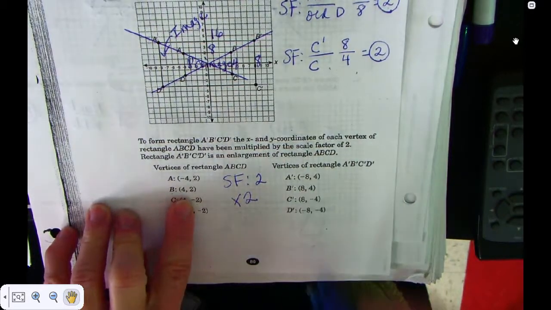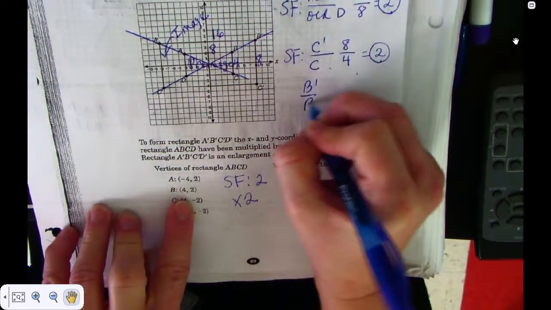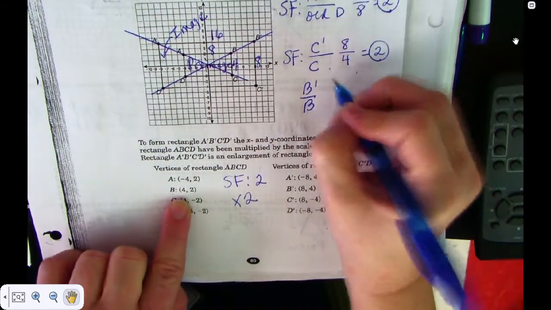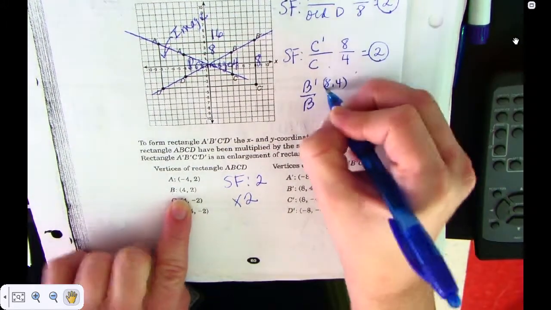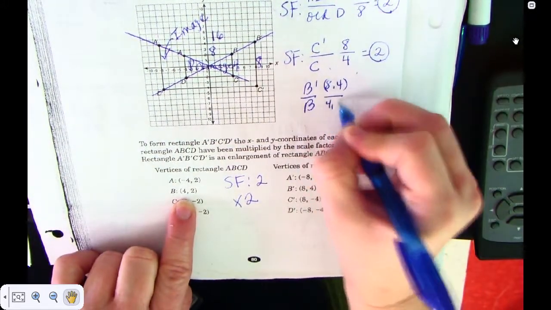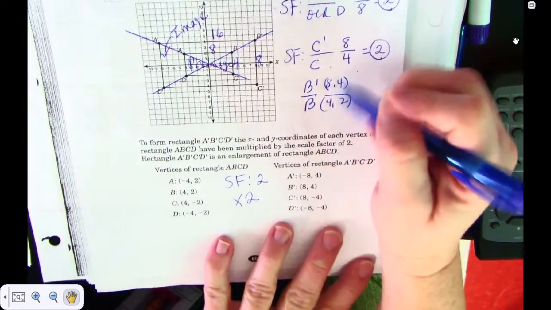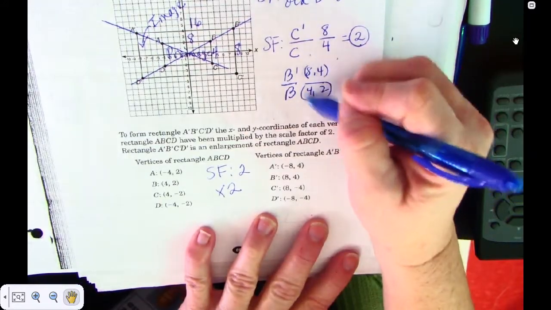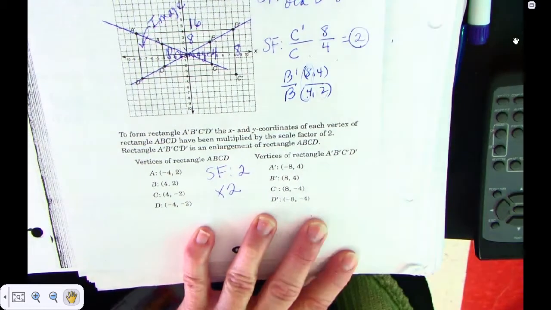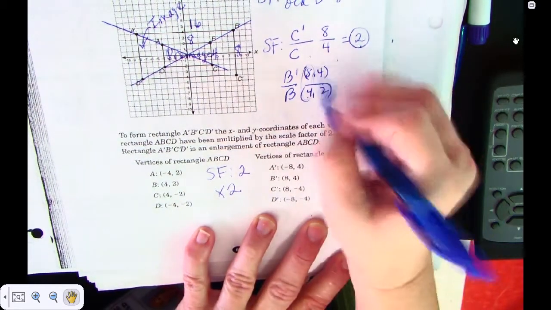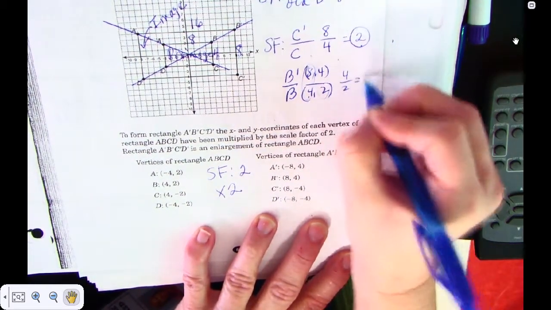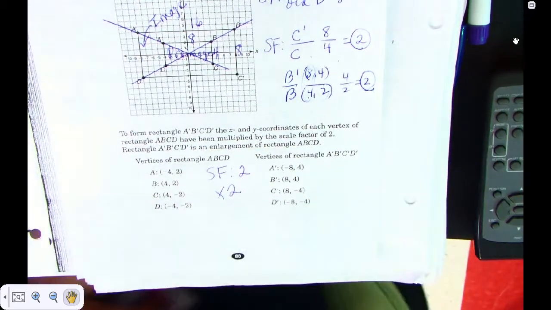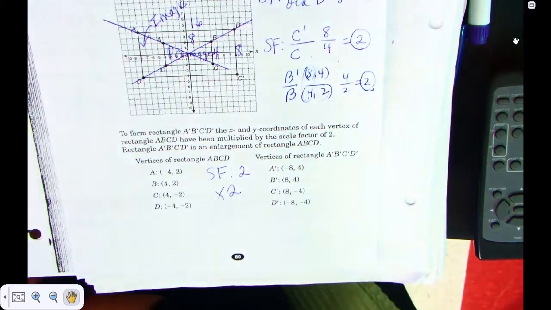Y'all look. If I take B prime and B, B prime is 8, 4. B is 4, 2. And so I just take one of these sets of numbers. I can take the x's and divide or the y's and divide. If I take the y's, 4 divided by 2 is 2. That's how you get the scale factor.